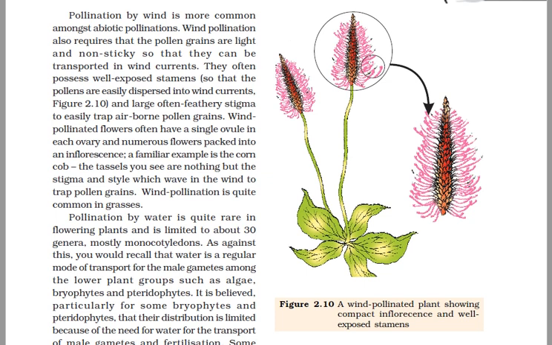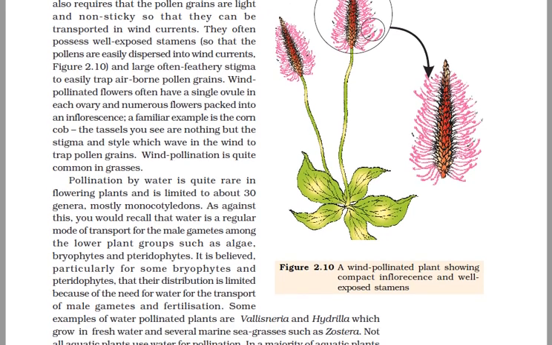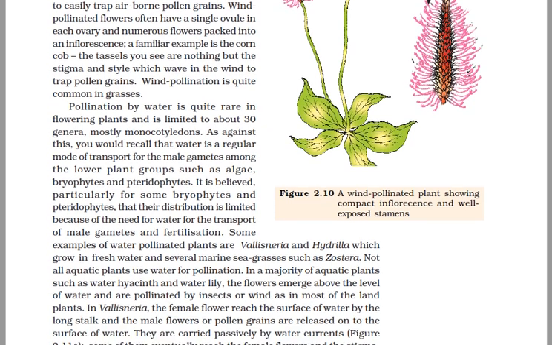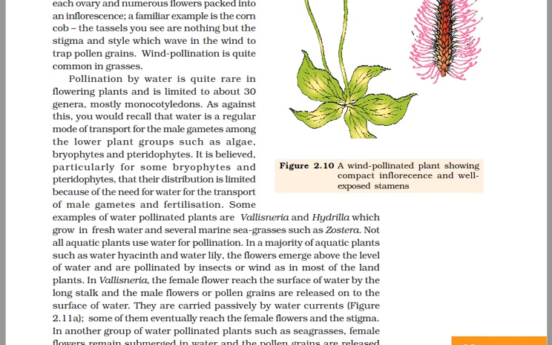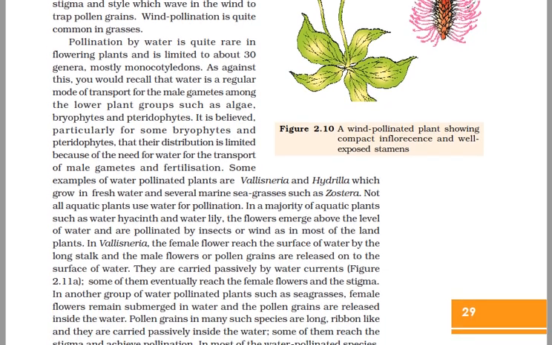And since they wave in the wind, the pollen grains are easily trapped, and therefore you can see this in grasses also. Now we move to the Vallisneria. Vallisneria and Hydrilla, I told you just now, are all aquatic plants.